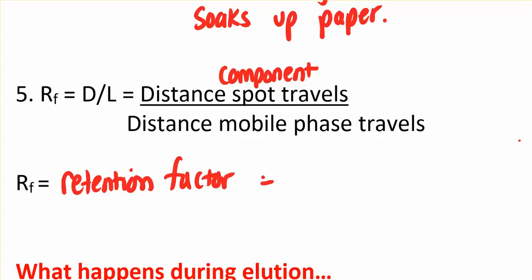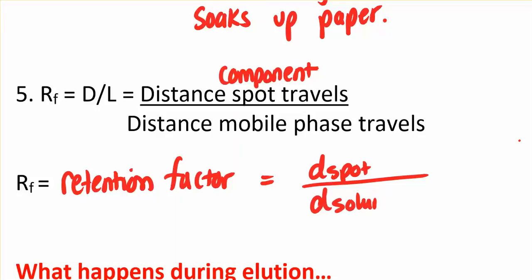And it's measured by the distance that the spot travels divided by the distance that the solution travels. This is the component, the distance the particular substance travels, divided by the distance that the eluting solution travels. And we'll do a sample calculation here in a minute.